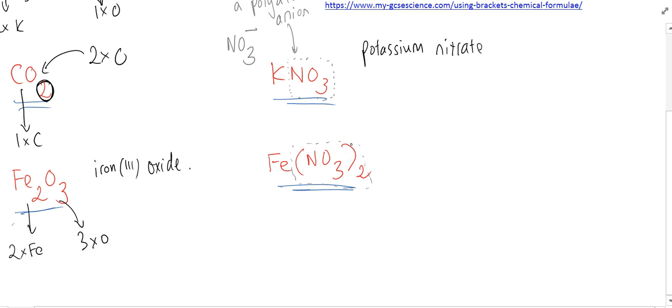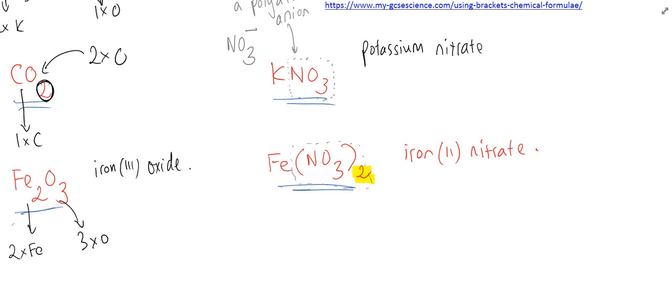But what is the difference between potassium nitrate and this iron(II) nitrate compound here? Well, the difference is that we have this subscript here after the bracket. What might this mean for the nitrate ion?